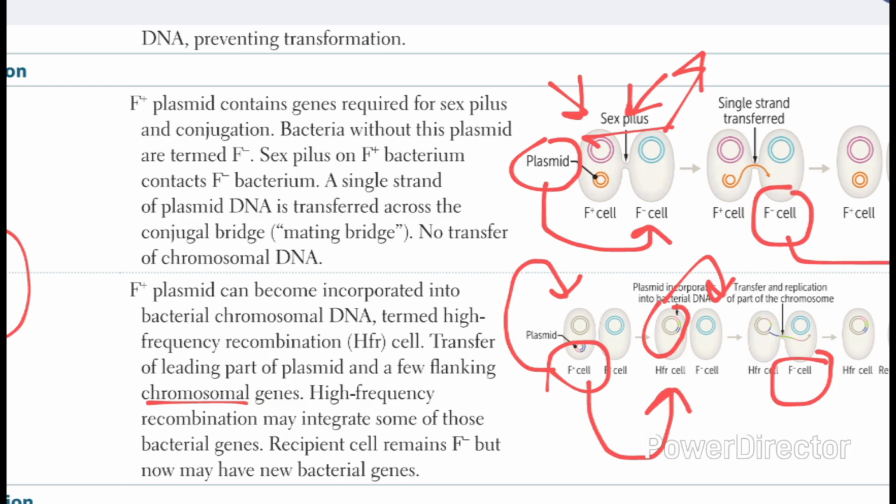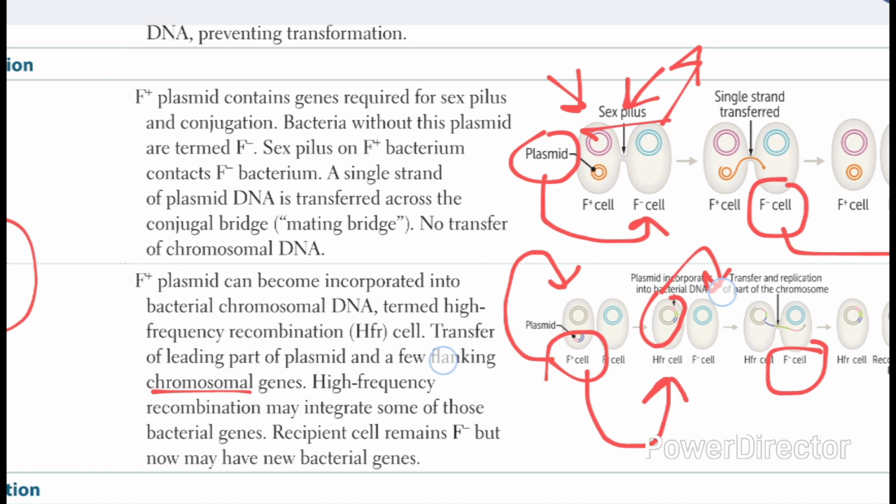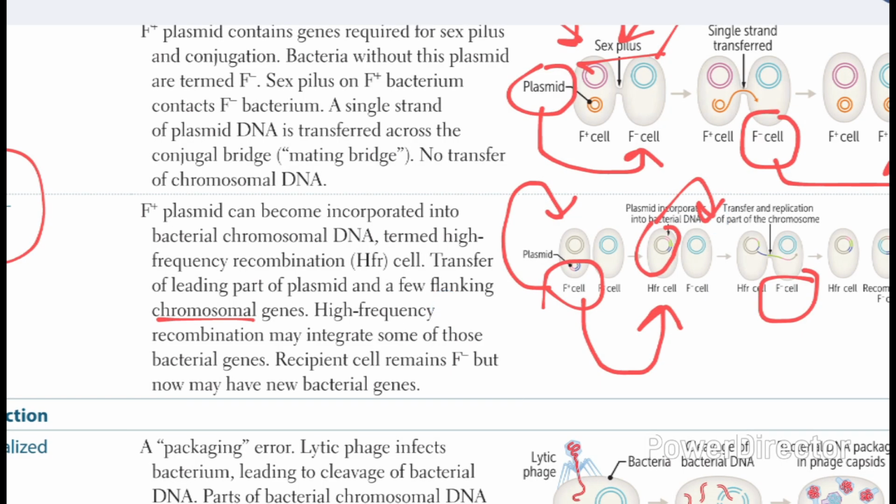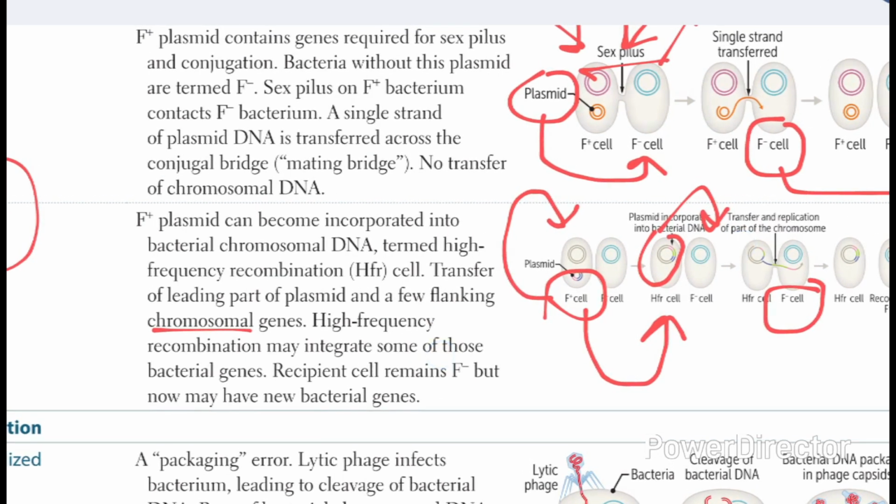In this scenario, where there is a transfer of the high frequency recombination material, there is no conversion of the F negative bacteria into F positive bacteria.